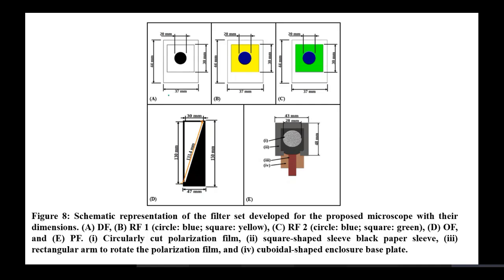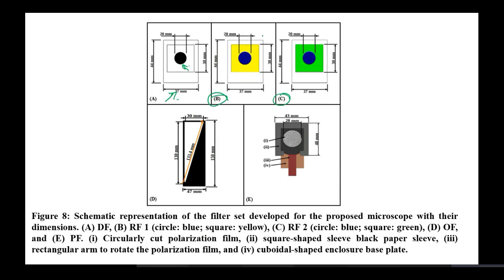Okay. The first one is called the dark field illumination filter. If you see, the central part of the light is being blocked. Then we have Rheinberg illumination. This B and C are regarded as Rheinberg illumination.